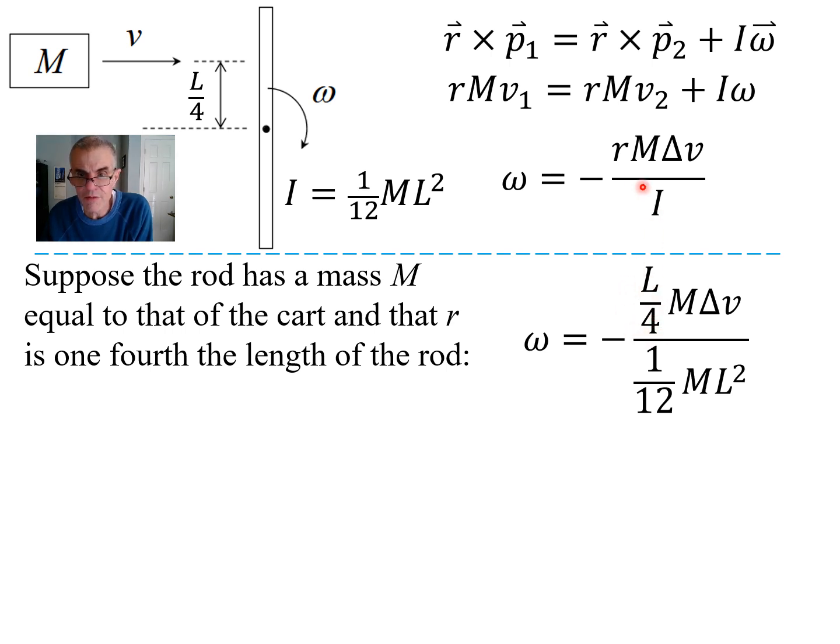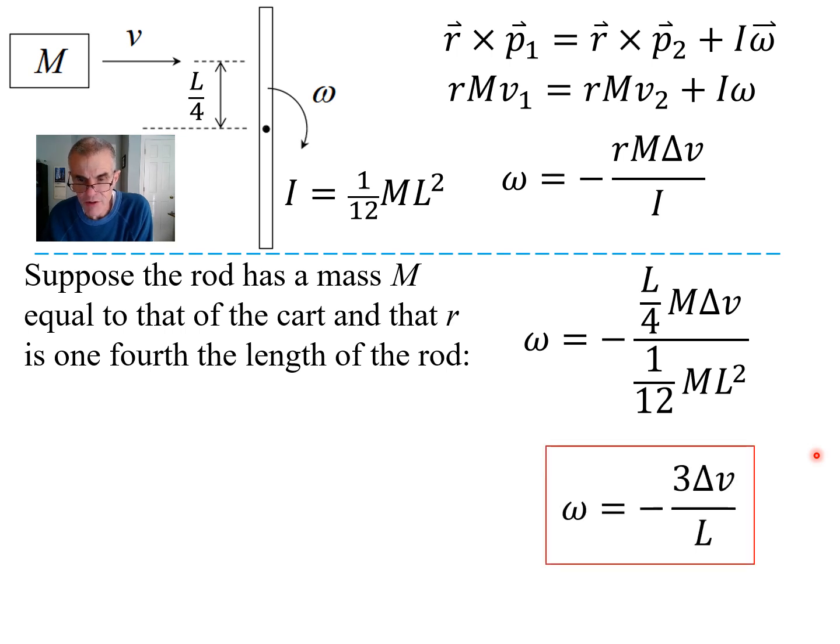L over 4 has been inserted for R. 1/12 ml squared has been inserted for I. That's the rotational inertia of a thin rod. And then notice the m's are going to cancel. And then the 1/4 divided by 1/12 can be simplified and I'm just going to get a factor of 3 out of that. And then I end up with a pretty simple expression for the angular speed in terms of the linear speed. So that's kind of neat that I can get a result here.